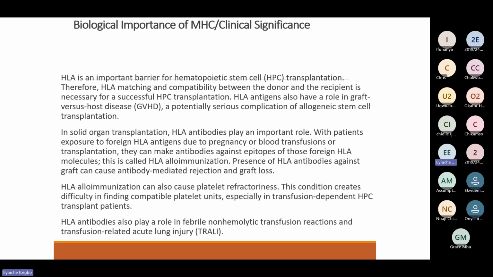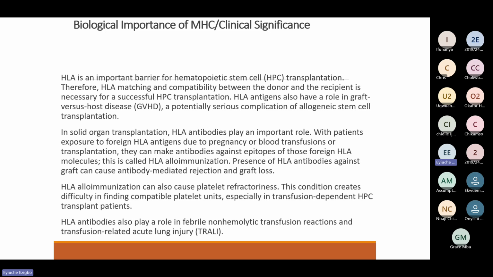So it's not a complex that can be ignored. It determines whether the transplant can succeed, like hematopoietic stem cell transplants, which they sometimes do for sickle cell disease patients and some other hematological malignancies where they need to transplant stem cells. So you find out that HLA cross-matching and compatibility is very important in that aspect.